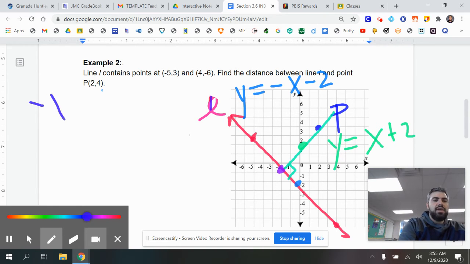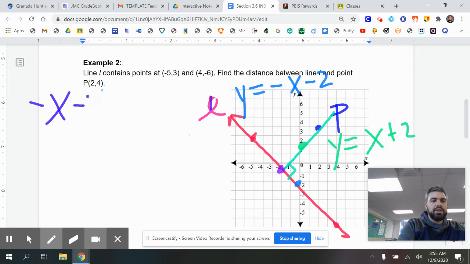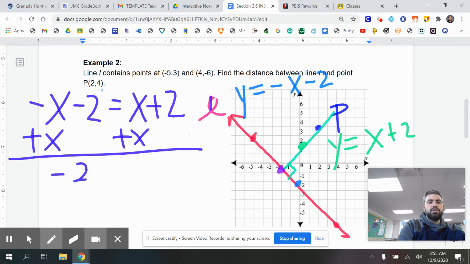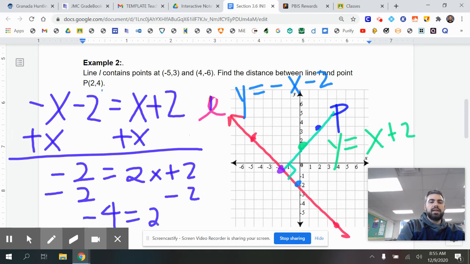We said negative x minus 2 would be equal to x plus 2, because where they're equal is the value of x and y where the two lines intersect. There are more x's on the right, so I'm going to add 1x to both sides. I get negative 2 is equal to 2x plus 2. I subtract 2, and I get negative 4 is equal to 2x.